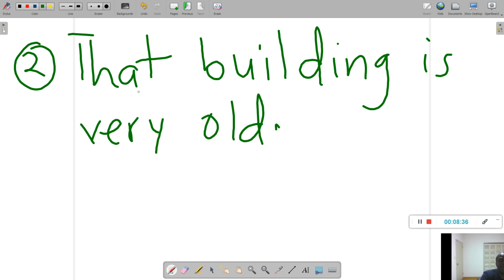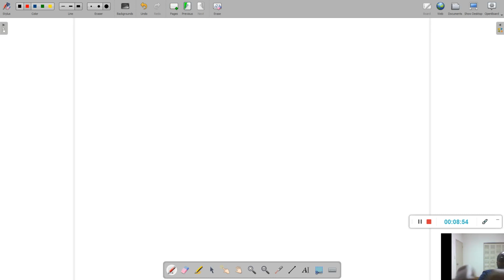After the subject, the whole of this becomes the predicate. That building is the subject and is very old is the predicate. Let's take our last example because of our time.